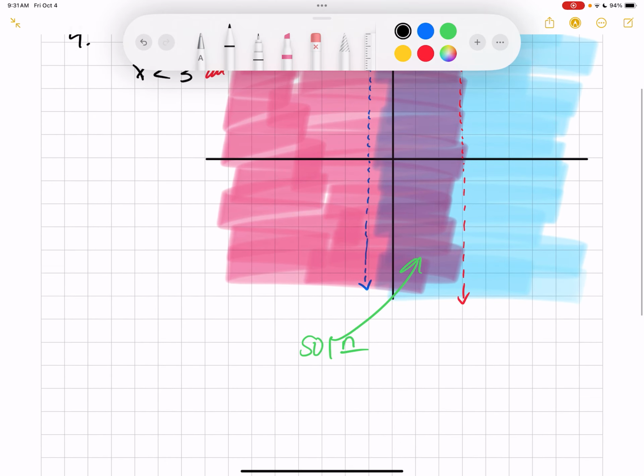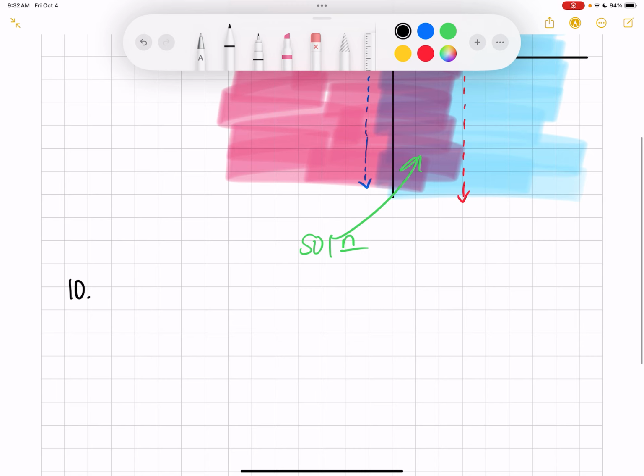Okay, number 10. -x is greater than or equal to y. -x plus y is greater than or equal to -5. So I would get these in slope-intercept form.